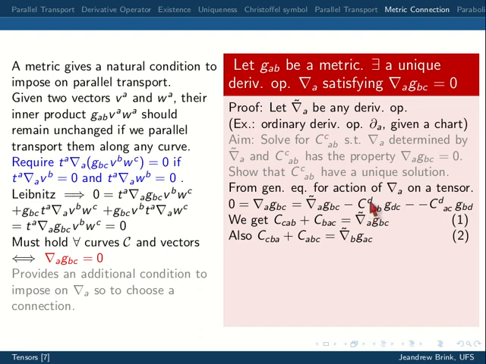I just moved all these guys to the left hand side and contracted C^d_ab with this g_dc, so that means this d went down and became a c, so that's that term.